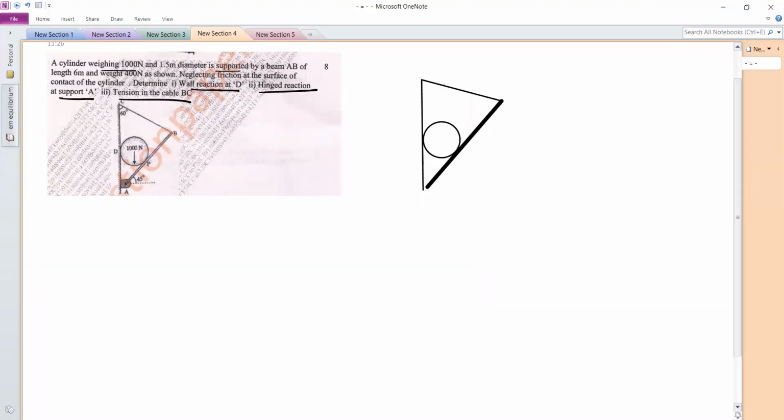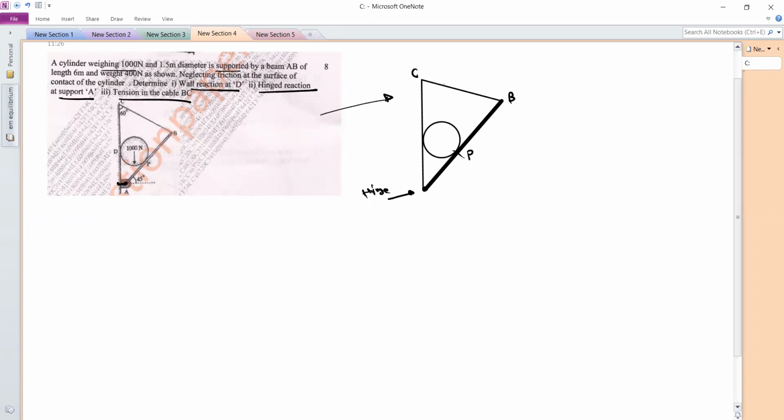Okay. So this is the given diagram. I have drawn it here. At the point A, this is the hinge point. Then this sphere is supported at this point, which is given as P. B is the cable connected point, and here we have point C. Just neglect this distance.